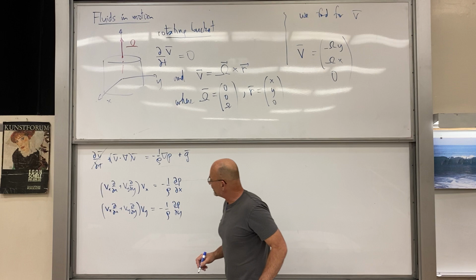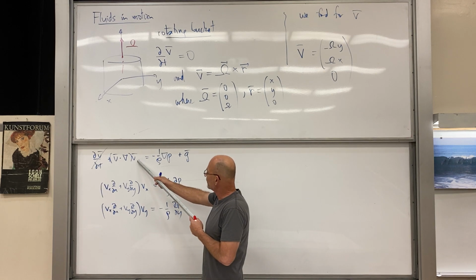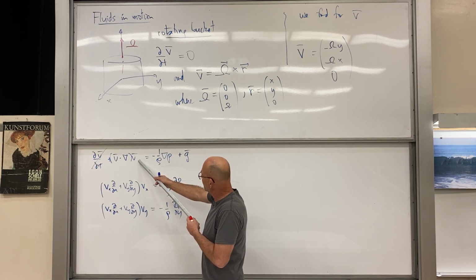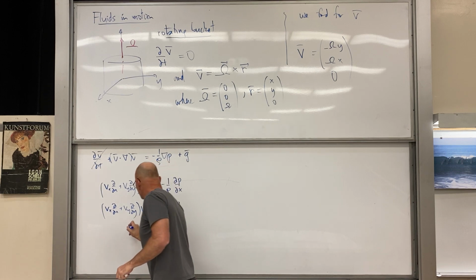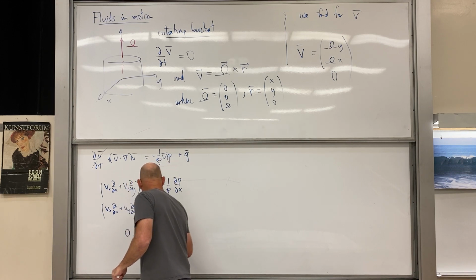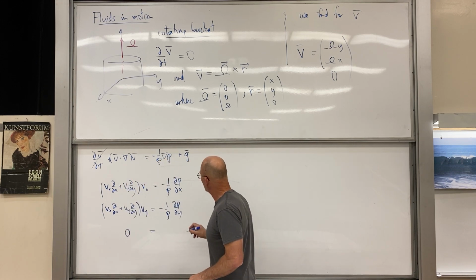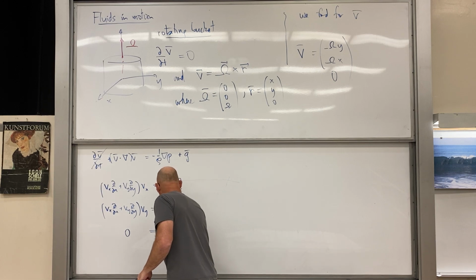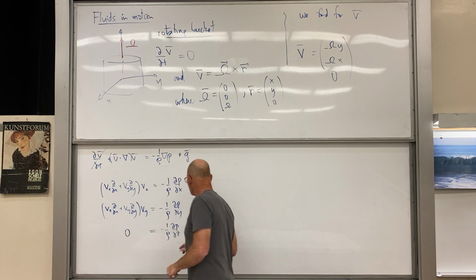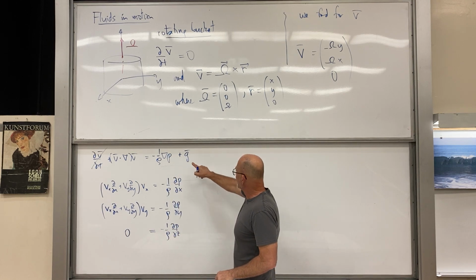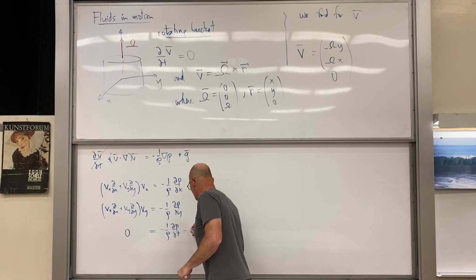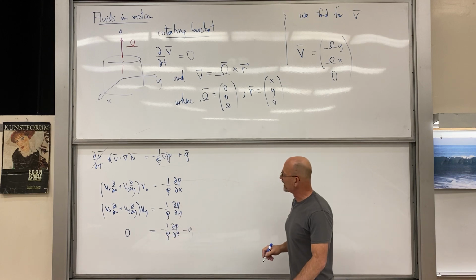And then for the z component, we have no v sub z here. So we have a 0 on this side, and we have minus 1 over rho dp dz minus g, because that's how we're orienting.